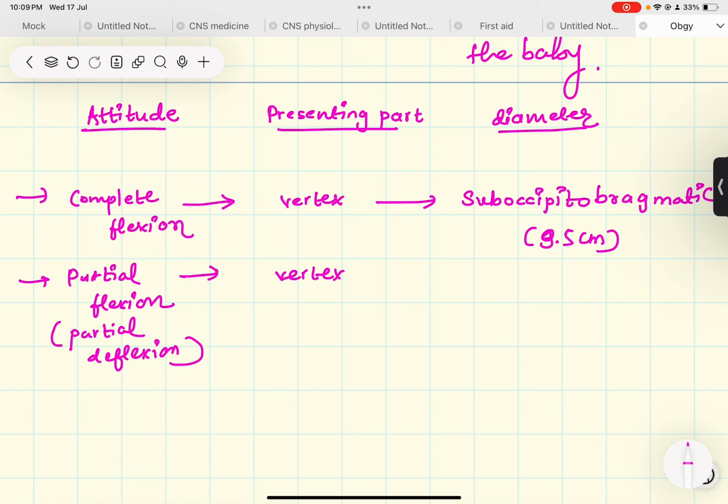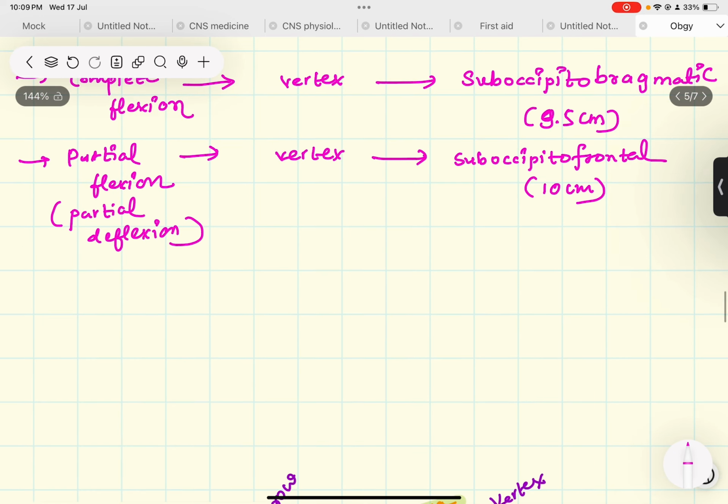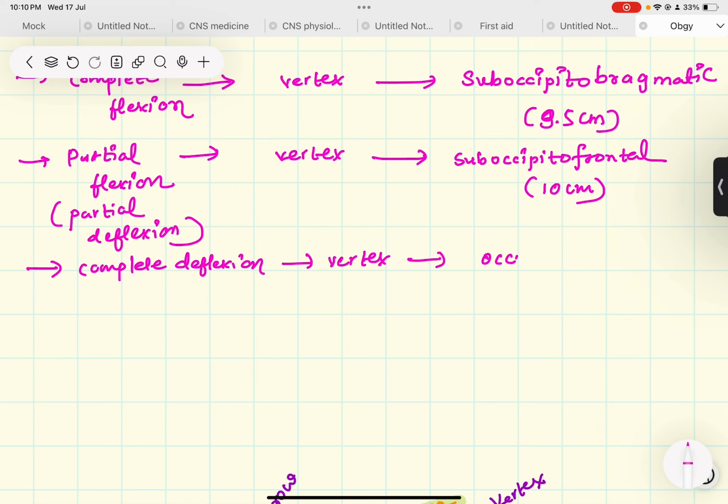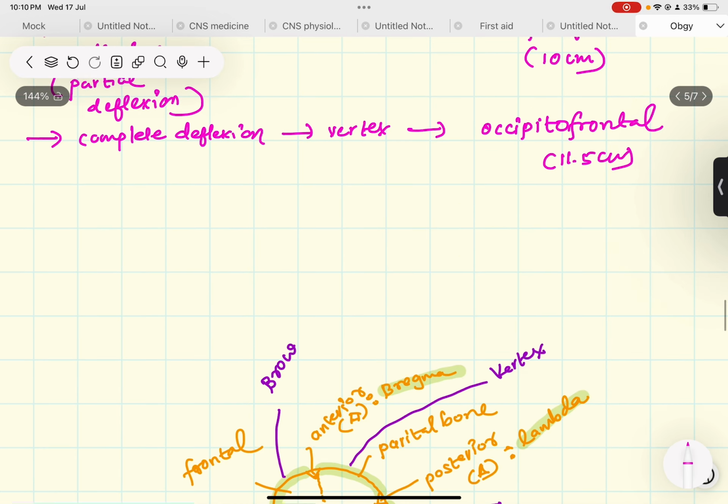Here it will also be vertex, but the diameter will be suboccipitofrontal, that is 10 centimeter. Now there is complete deflection. Here also it will be vertex only, but the diameter will be occipitofrontal, that is 11.5 centimeter.